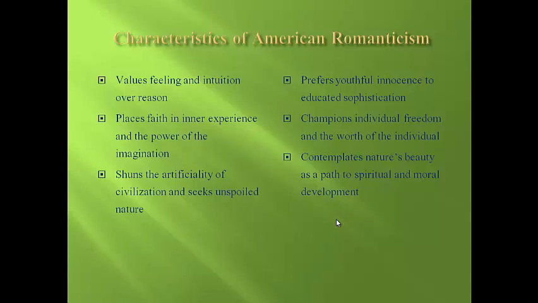As for the Enlightenment period, it was just society that mattered. But in the Romantic period, they tried to value each person and contemplate nature's beauty as a path to spiritual and moral development.